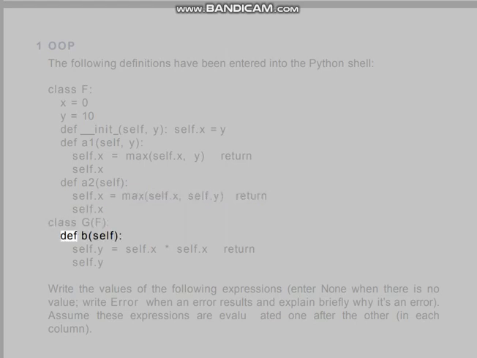Class G(F): def b(self): self.y = self.x * self.x; return self.y. Write the values of the following expressions, enter none when there is no value, write error when an error results, and explain briefly why it's an error. Assume these expressions are evaluated one after the other, in each column.